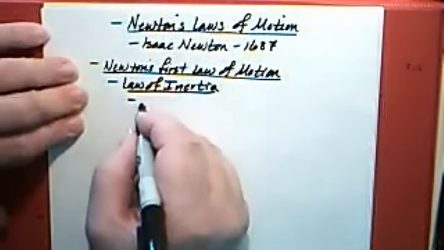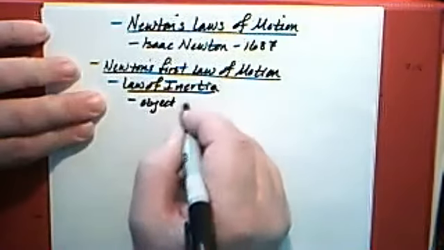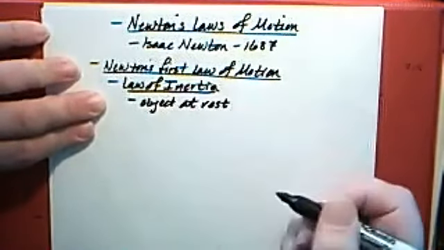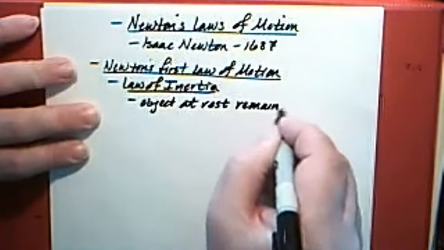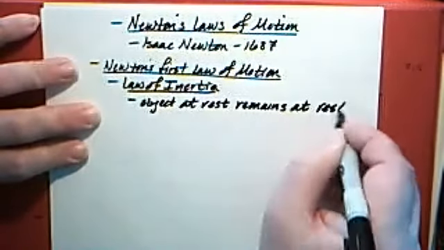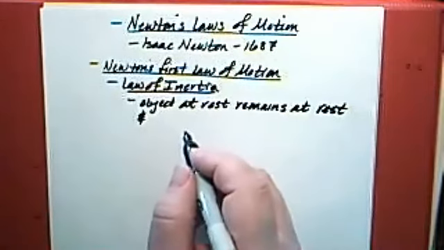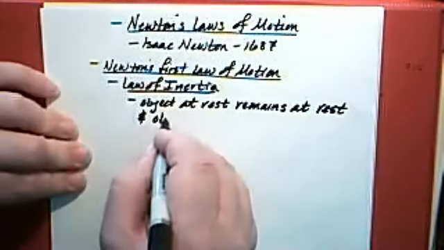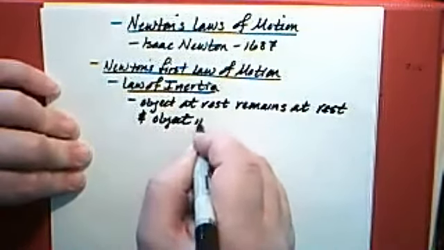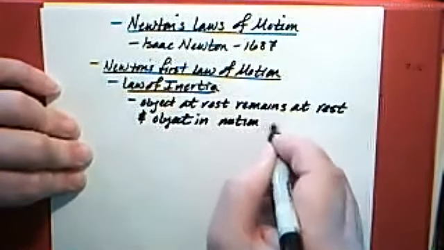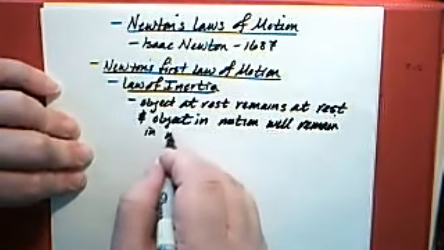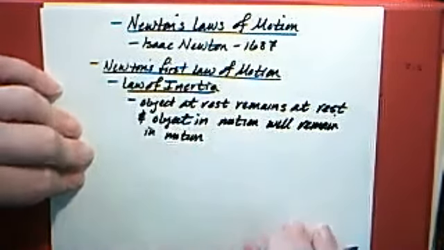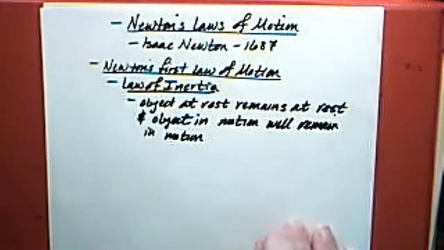And it says that an object at rest will tend to remain at rest, and an object in motion will tend to remain in motion at the same speed and in the same direction, unless acted upon by an unbalanced force.